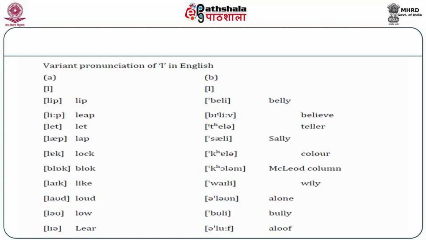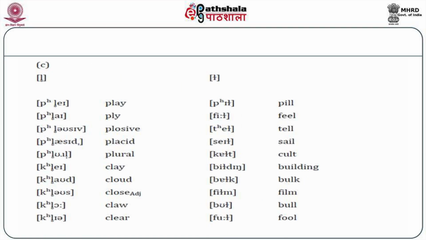You would expect t to be also there in English. It is not there because we do not get words beginning with t and an l. Had it been there, you would expect that the l, aspirated l, would also occur there. In the final column, for the velarized l, what do you notice?